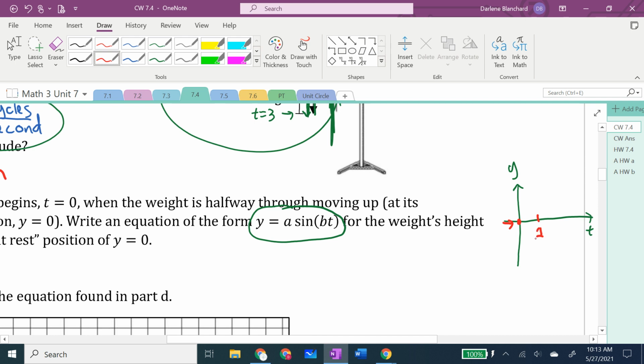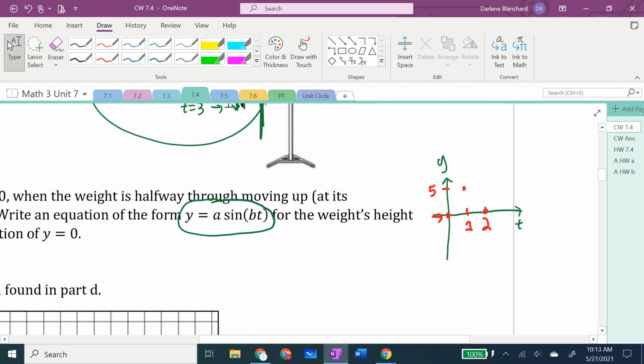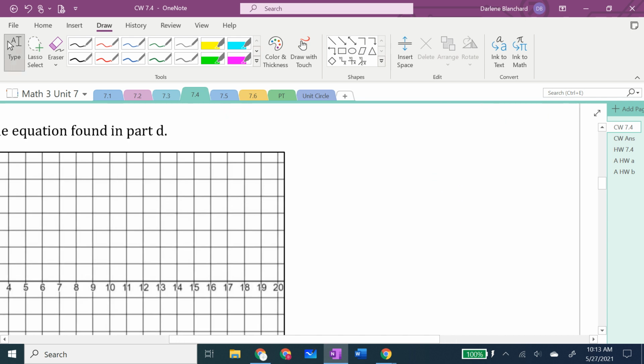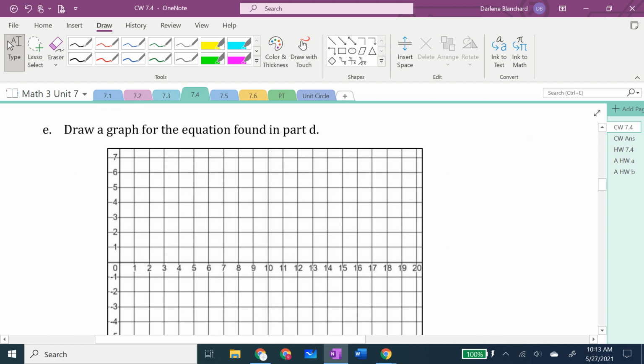At time 1 second later, I am at my highest point, which is 5. 1 more second later, I'm back to my y position 0. 1 second after that, I'm at my lowest y position, -5. And then 1 second later, I'm back to my center. And if you want, that's actually starting this graph.